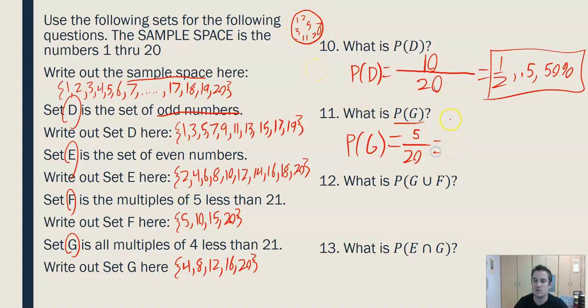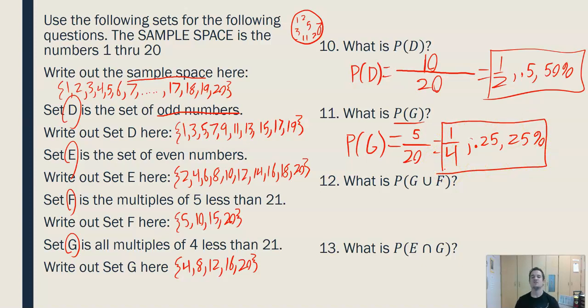So 5 divided by 20, as a simplified fraction, is 1/4. As a decimal, 1 divided by 4 is 0.25, or 25%. So there's a 25% chance of drawing a multiple of 4, or a number from set G.